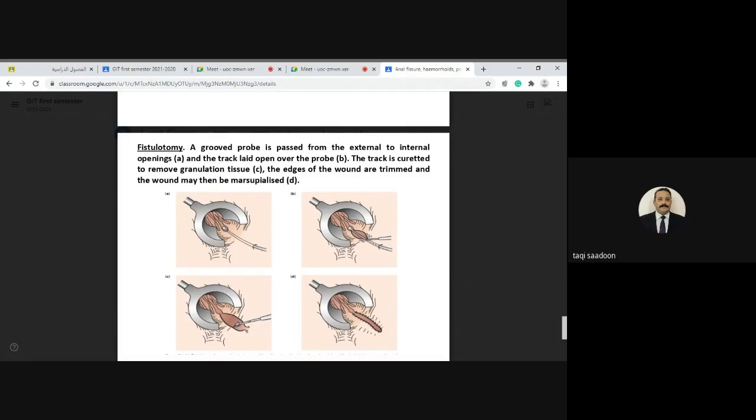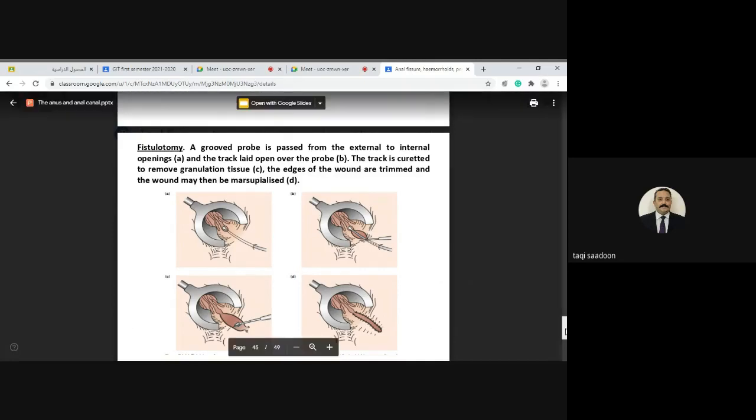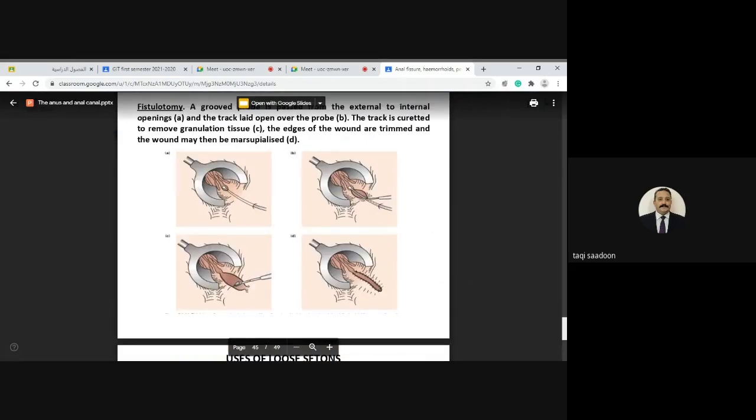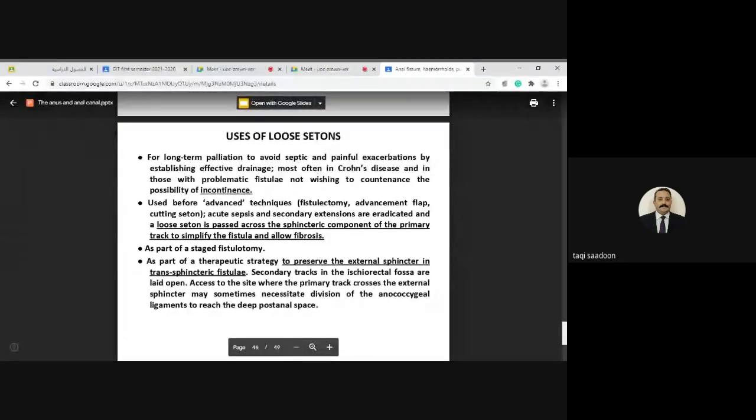This is fistulotomy. So, doctor, as you asked, when we do fistulotomy we pass a probe until we reach the internal opening. If the external opening is anterior to the ischial tuberosity line, the tract is direct, but if the external opening is posterior, the tract will be curved. If it is transsphincteric and you cut through the external sphincter, the patient ends with incontinence. Therefore we place a seton, a loose seton passed across the sphincteric component of the primary tract to simplify the fistula and allow fibrosis.